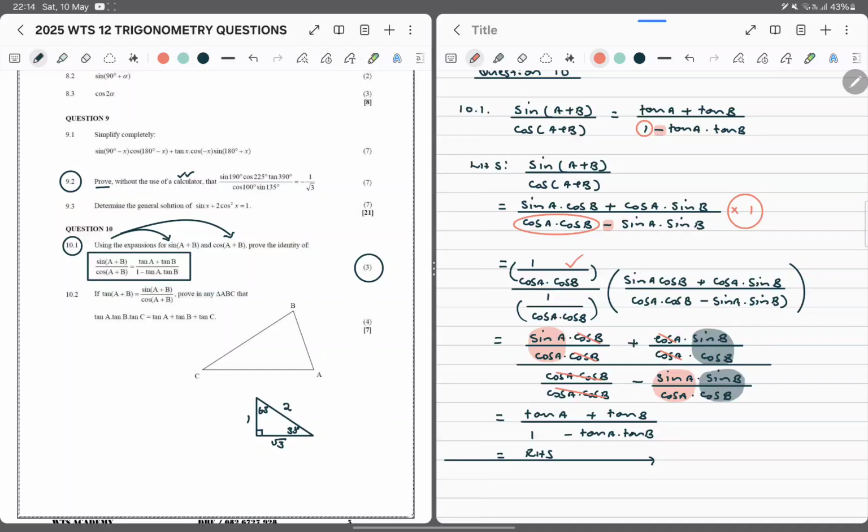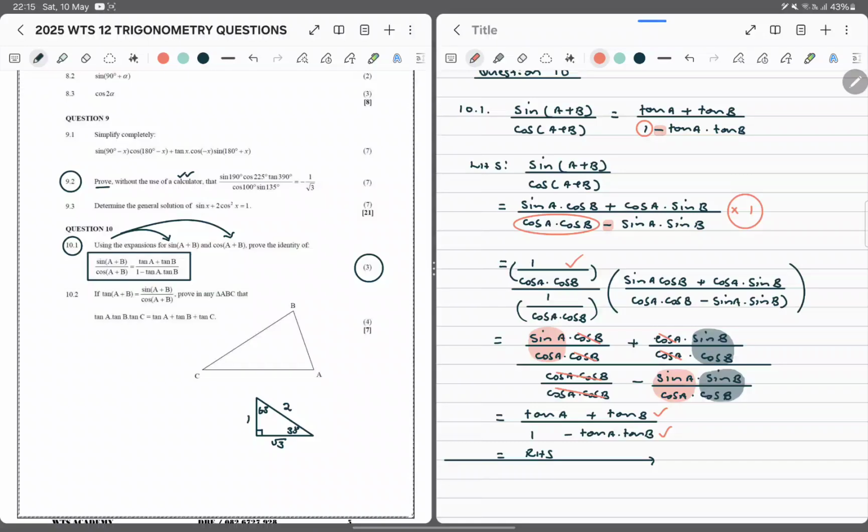So for the numerator, we get this mark over here. Right? Okay, that's too much. So we can give 1 mark for the numerator and 1 mark for the denominator. Yikes, this looks crazy now. Anyway, that was just 3 marks.